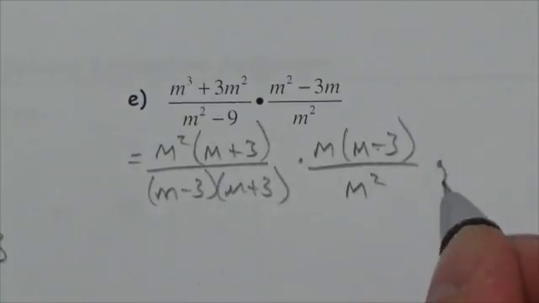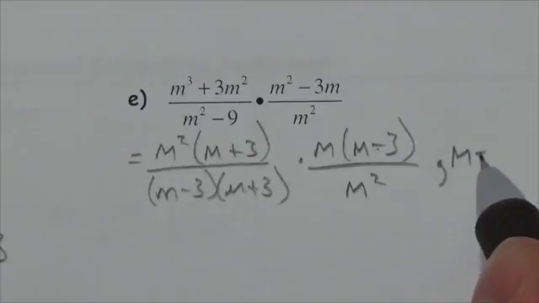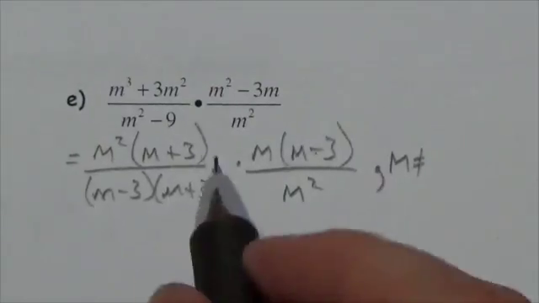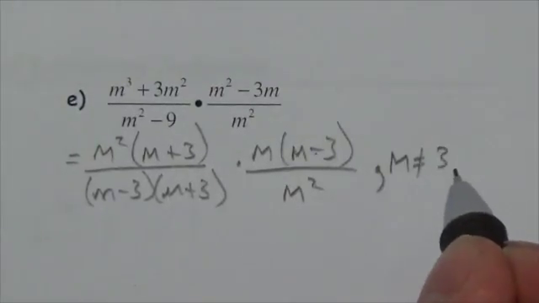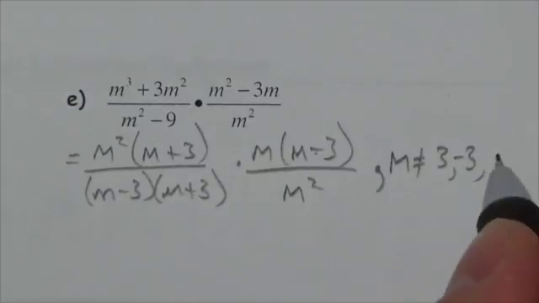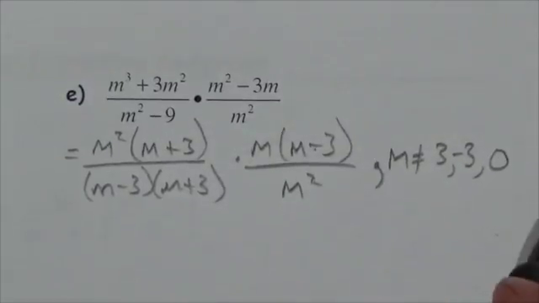Now, at this point, like we said before, we probably should identify our non-permissibles. At this point, it's not absolutely necessary because I can see all the factors in there that are going to contribute this. But this is going to be 3, -3 is no good, and then because m is all by itself here, 0 is no good as well.